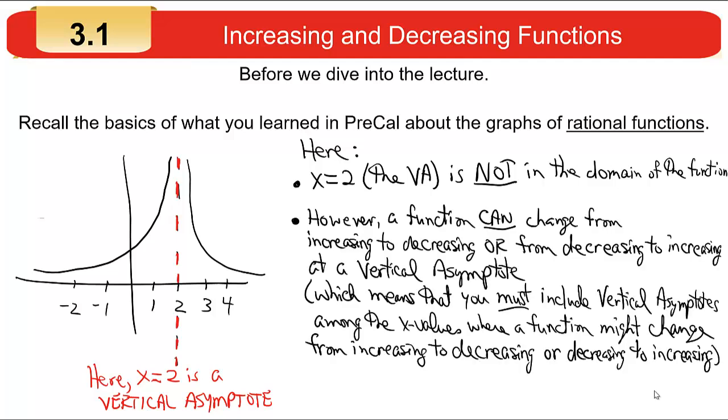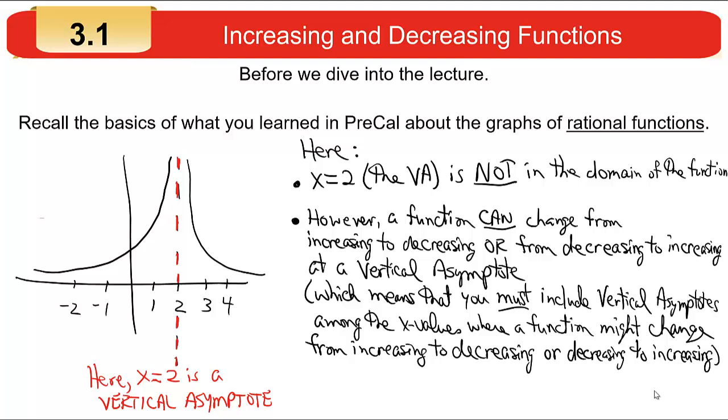However, as I mentioned earlier, the function can change from increasing to decreasing or decreasing to increasing at a vertical asymptote. And that means, and this is an advanced look into what we're going to be doing in a few minutes, we're going to be finding intervals where functions increase and decrease. So in order to do that, you're going to have to look at any values that are vertical asymptotes of a rational function.